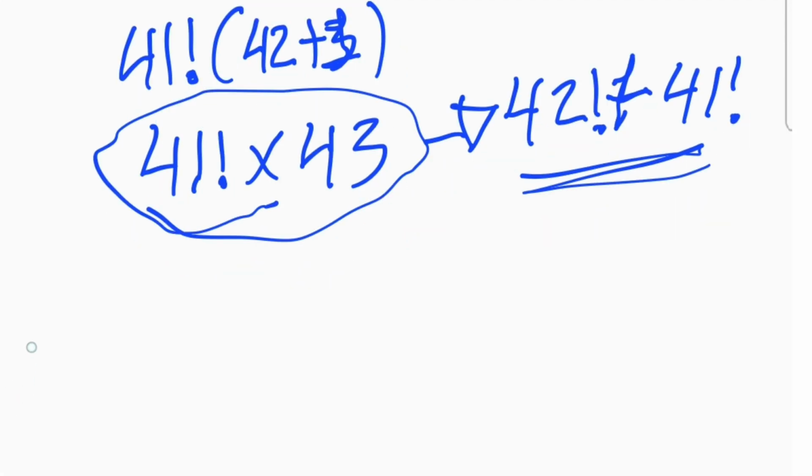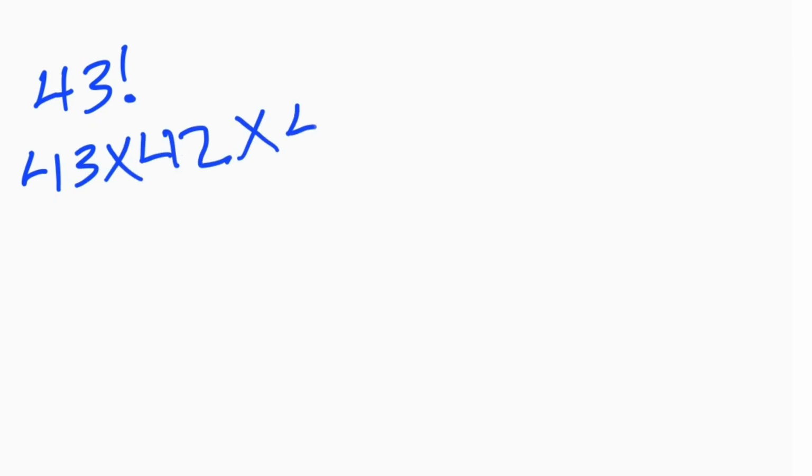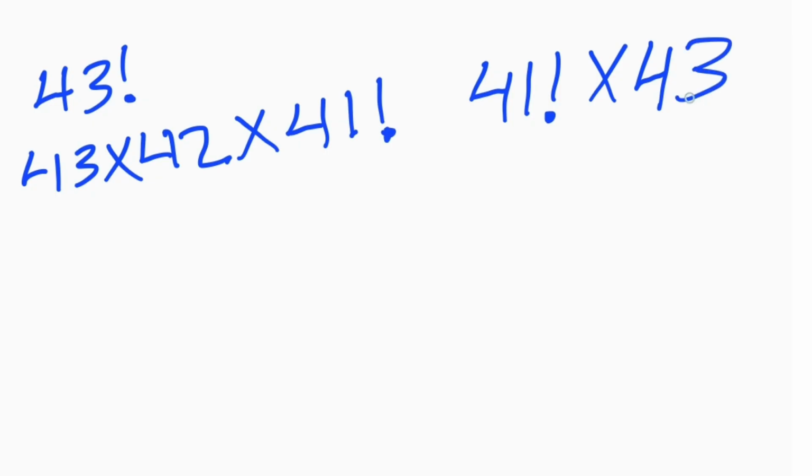On the left side we have 43 factorial, which means 43 times 42 times 41 factorial, compared to 41 factorial times 43. So which is bigger now?